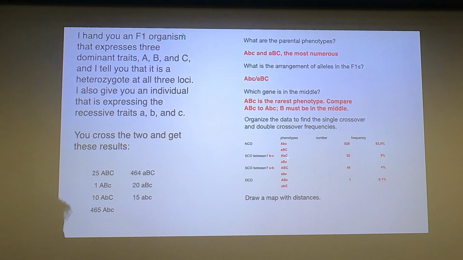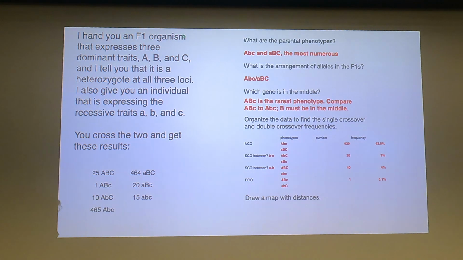It starts off the same, but then C is different. So that tells us it must be a crossover event between B and C to produce this from this. And then that means this has got to be the crossover between A and B. There's our double crossovers. There's the numbers over there.